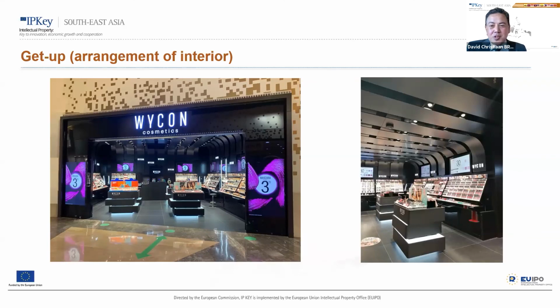But it is important to know that it is really the arrangement of the interior that is protected. So it is not everything that you see in the image. It is not the furniture. It is not the logo. It is not, I don't know, the facade of the building. It is the arrangement, the way it looks.